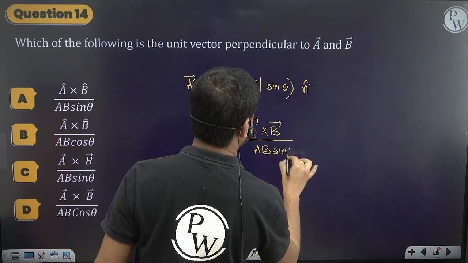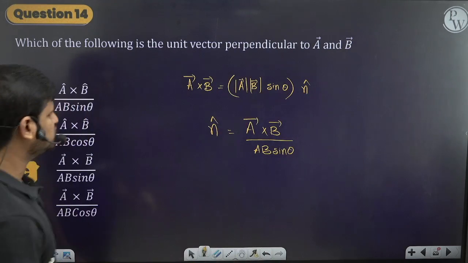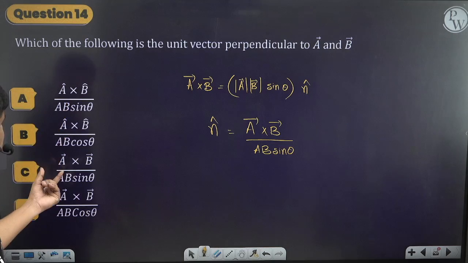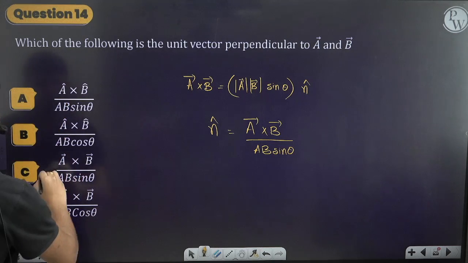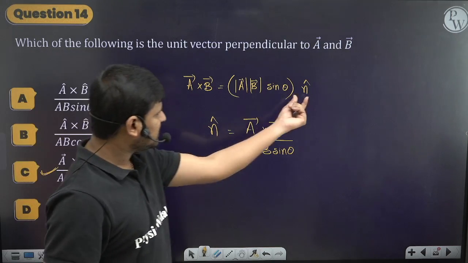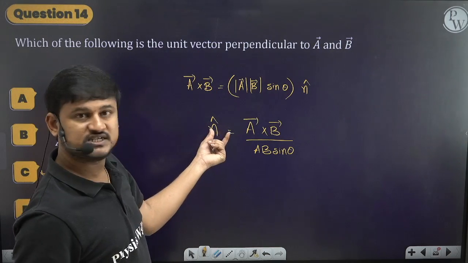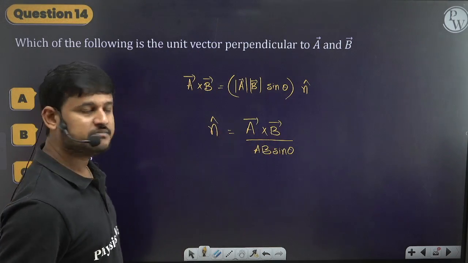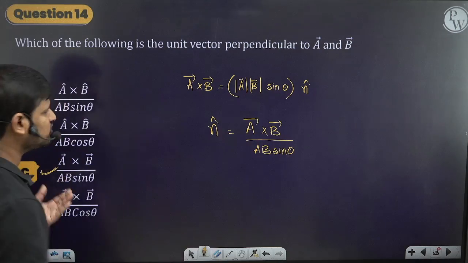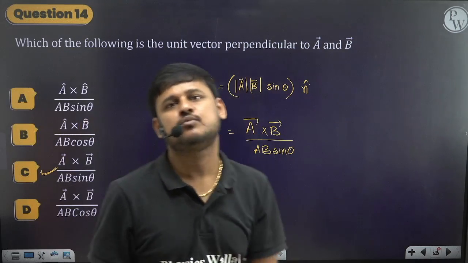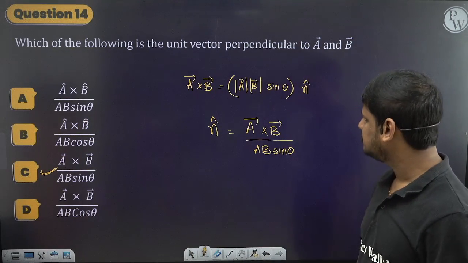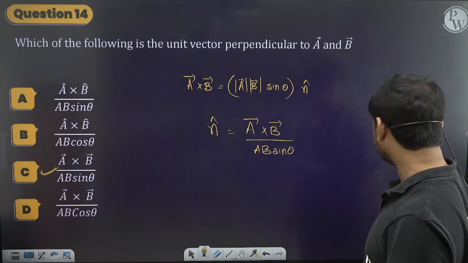Yes or no? This unit vector is perpendicular to both A and B. Just a formula based question.